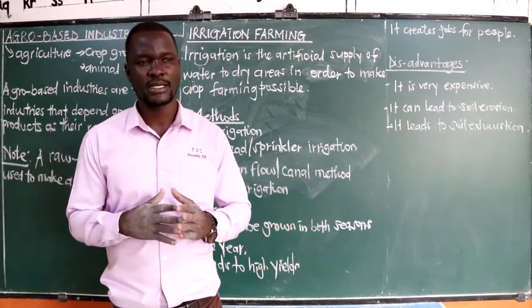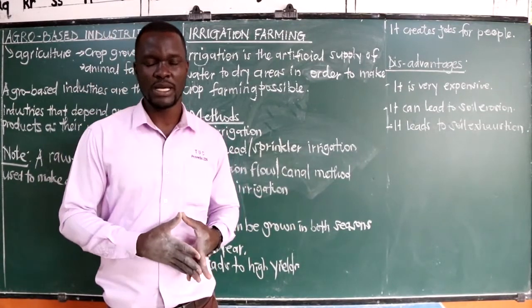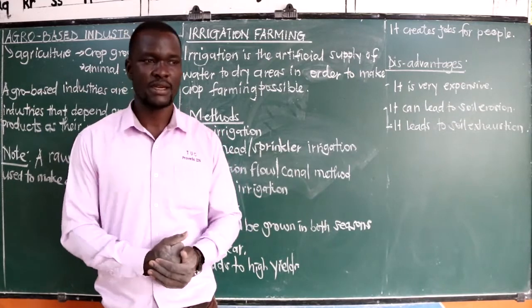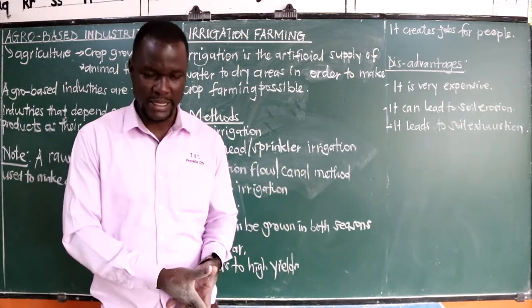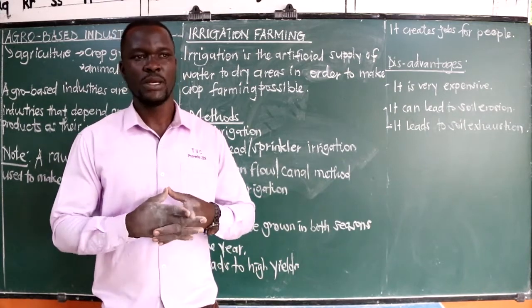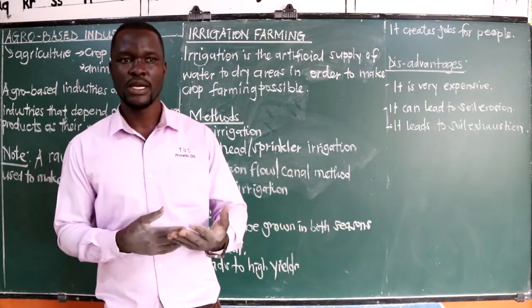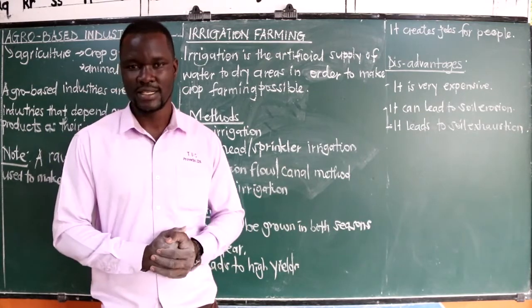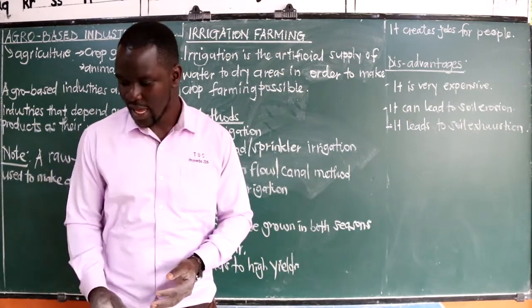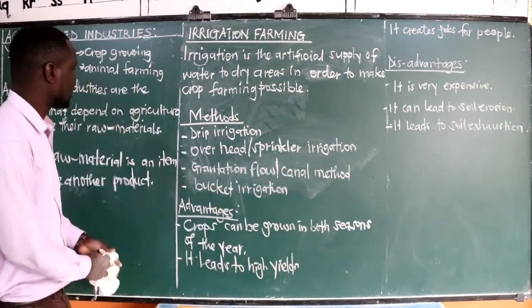Next, we are going to look at which problems these farmers face in East Africa as they try to do their farming. And also, we shall look at how these farmers are able to come out of such challenges. And our lesson shall be ending there.